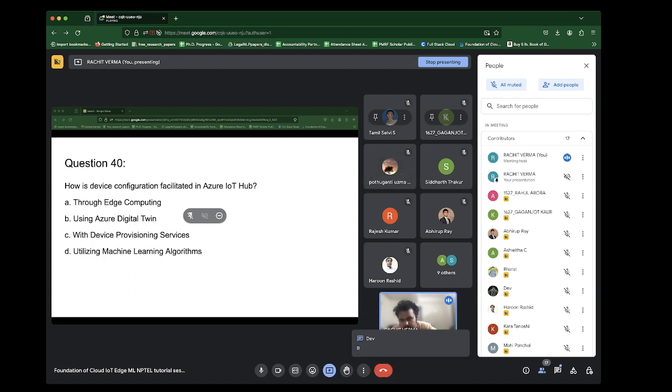How is device configuration facilitated in the Azure IoT Hub? Is it through edge computing, through using Azure Digital Twin, with device provisioning services, or D, utilizing machine learning algorithms? Any other options?